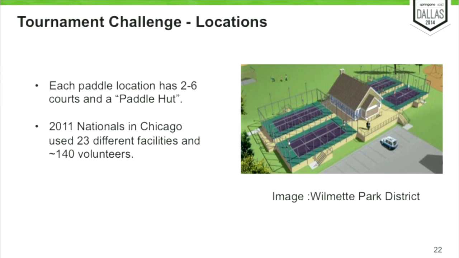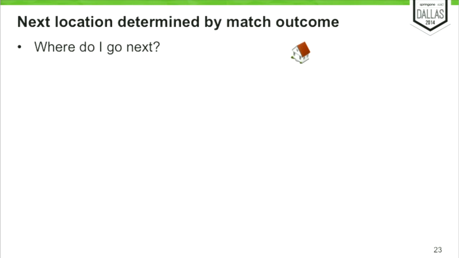So if you're running a tournament, you need multiple locations, and if you have multiple locations, there's a lot of logistics in making sure people go to the right place. So a lot of the communication has to support this. In 2011, the Nationals were in Chicago, and they're going to be in March again. We used 23 locations for the tournament, and approximately 140 volunteers who were helping with the players, taking scores, and doing a myriad of tasks.